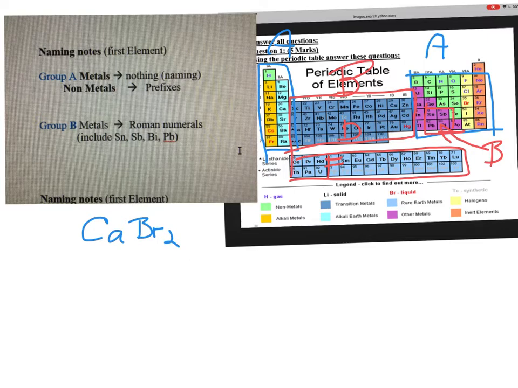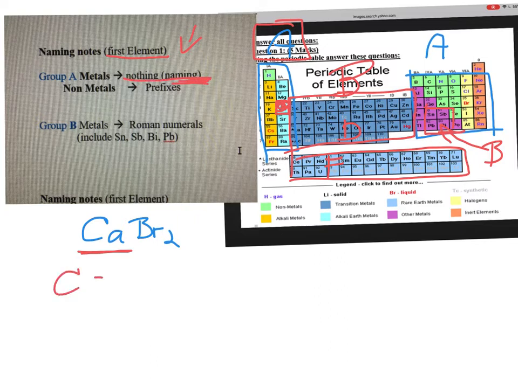Calcium is right here, so it's in the group A section. So what are your notes? I promise you, if you follow these notes with the very first element on the left, you can never go wrong. It's a group A metal, you do nothing to it, you just name it.